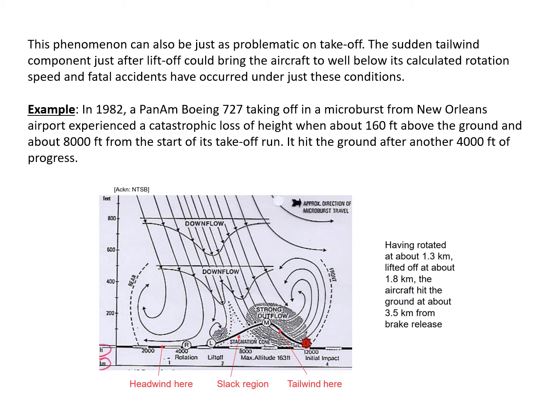For example, in 1982, a Pan American Boeing 727 taking off in a microburst from New Orleans airport experienced a catastrophic loss of height when about 160 feet above the ground and about 8,000 feet from the start of its takeoff run. It hit the ground after another 4,000 feet of progress.